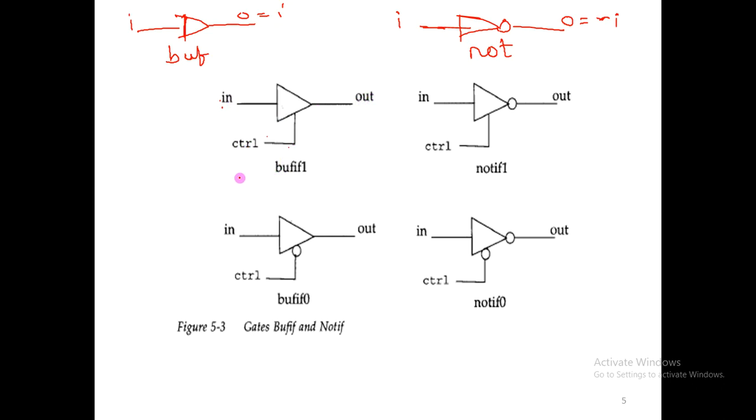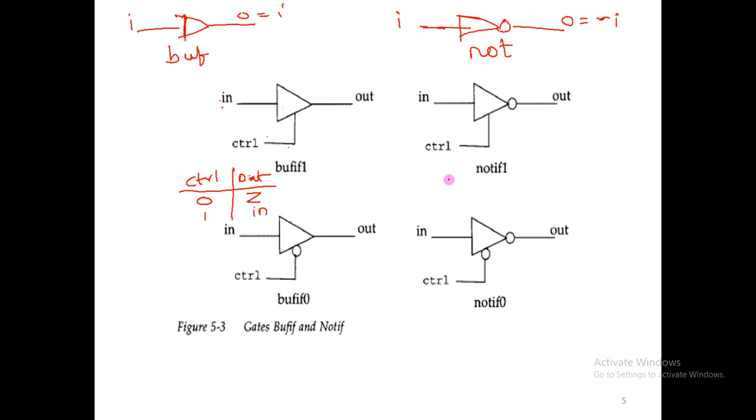I'll write the truth table here. This is control, this is output. If control is 0, in buff if 1, the output is high impedance state. If control is 1, your input will come at the output.